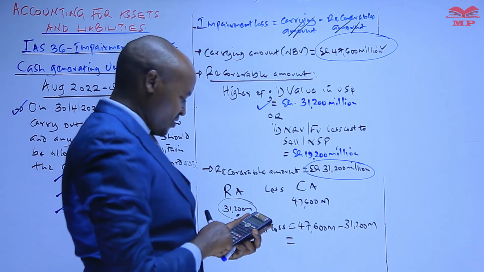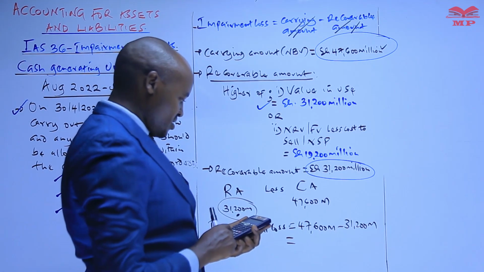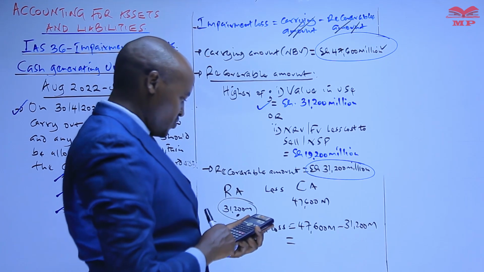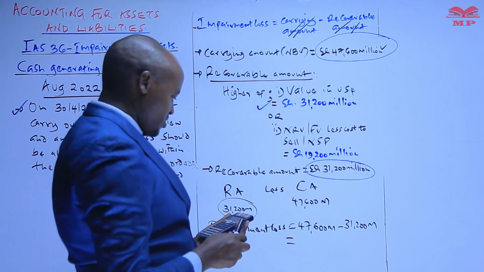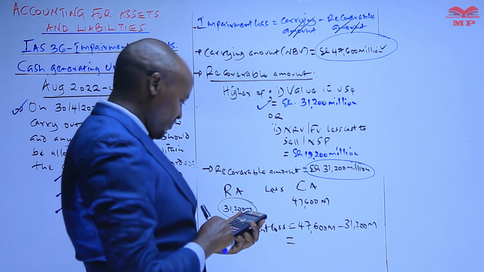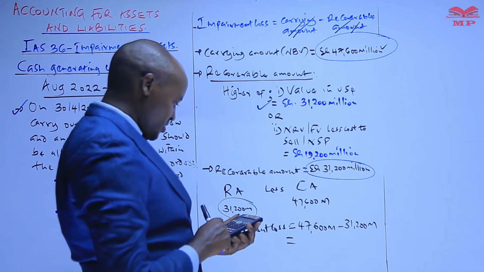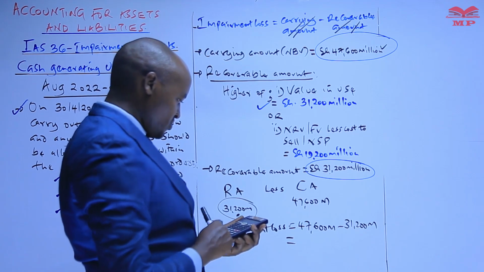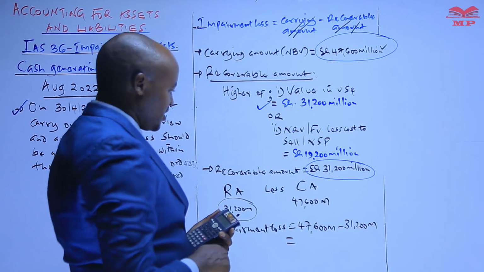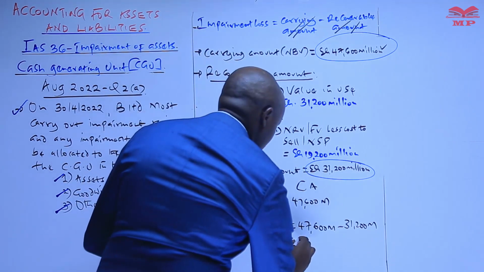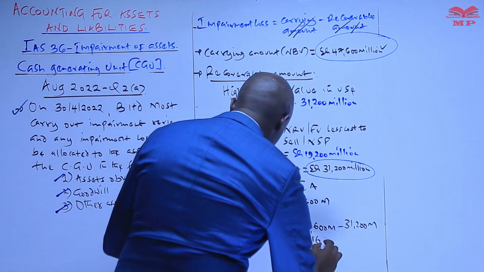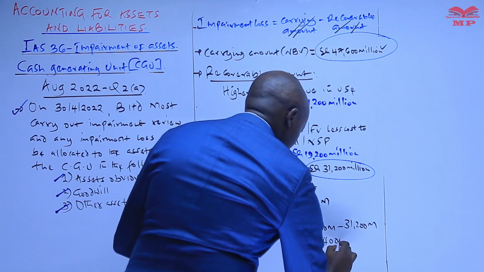So we have 47,600 minus 31,200. Okay, we can take that again. 47,600 minus 31,200. So that will give us an impairment loss of shillings 16,400 million.